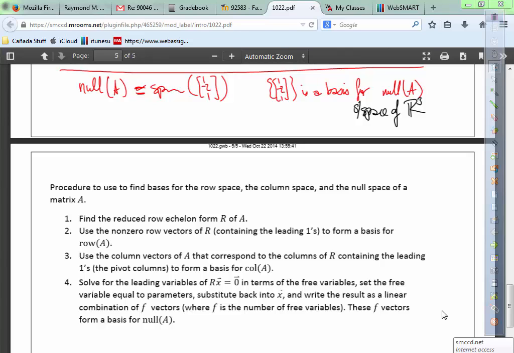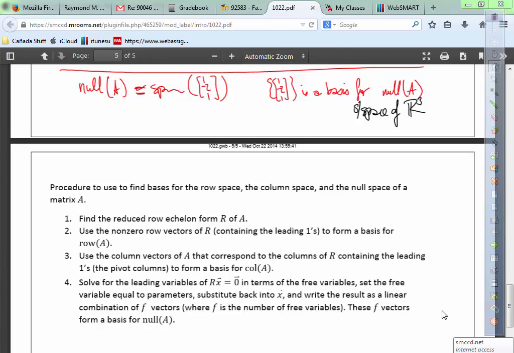We looked at finding a basis for the row and column of a matrix, the row space and column space of a matrix. And then we defined the null space of a matrix.